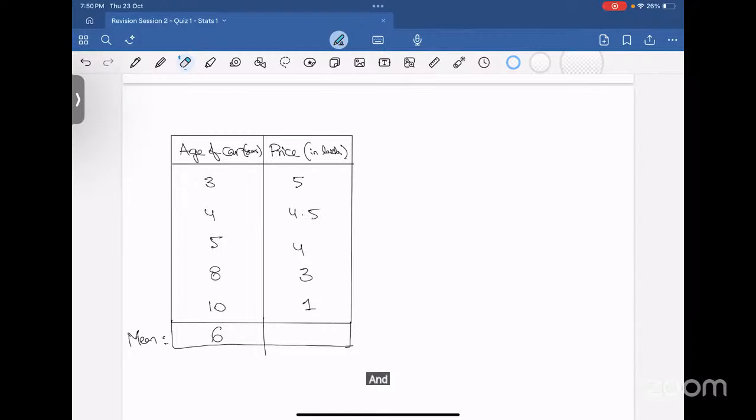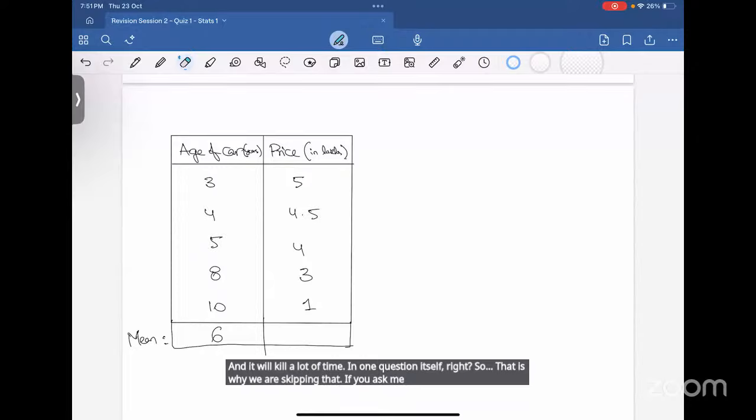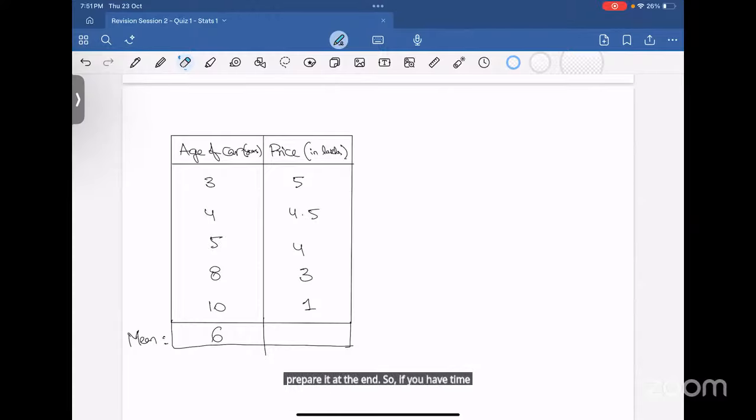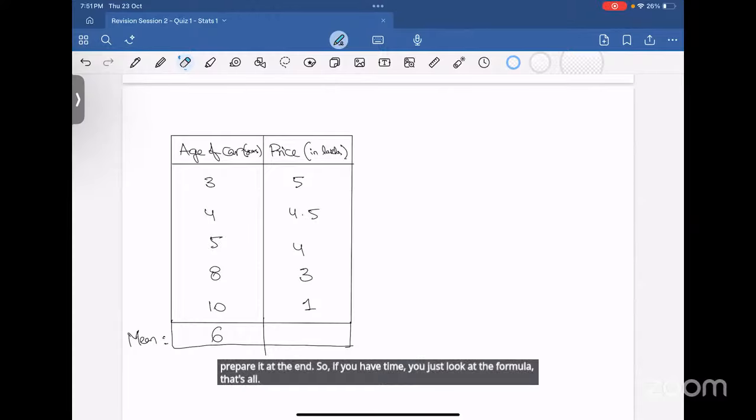It will take a lot of time in one question itself, so that is why we are skipping that. If you ask me whether the concept is important, yes, it is important for your future courses. But for quiz 1, I would say prepare it at the end. If you have time, just look at the formula. That's it.